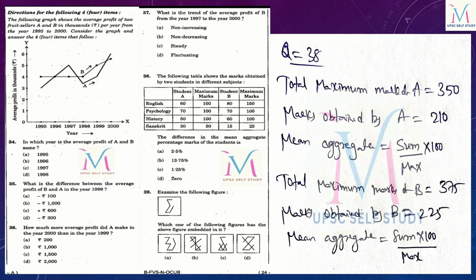Okay, 36th question: how much more average profit did A make in 2000 than in the year 1998?